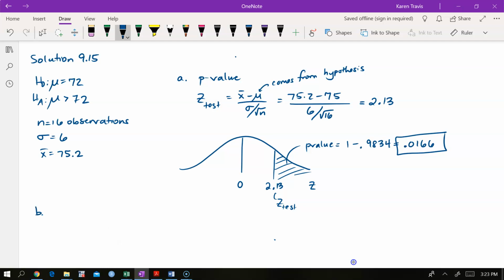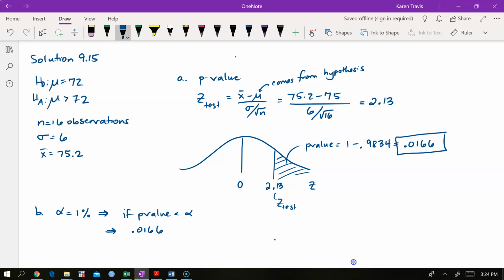Okay, part B asks us to consider the p-value in part A. Would you reject the null hypothesis if the test were at a significance level of 1%? So when the significance level is 1%, what we have to do is compare the p-value to the significance. If the p-value is less than alpha, we reject.